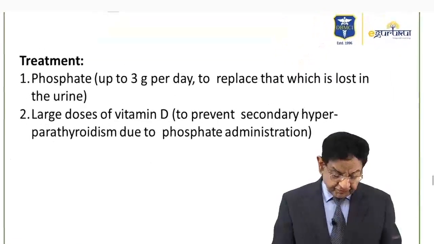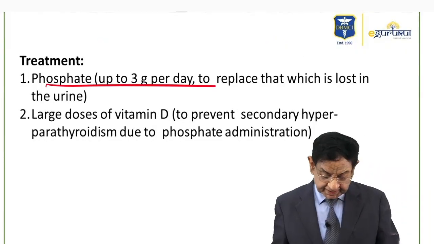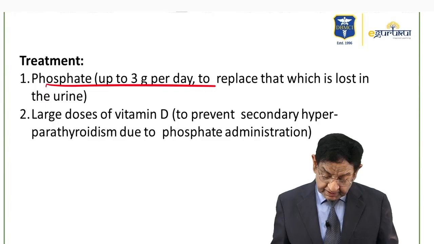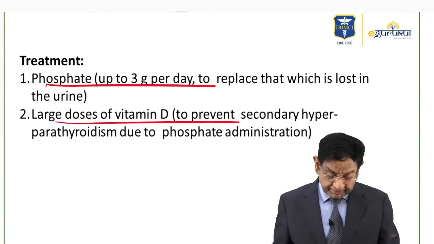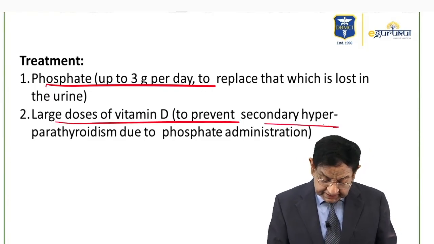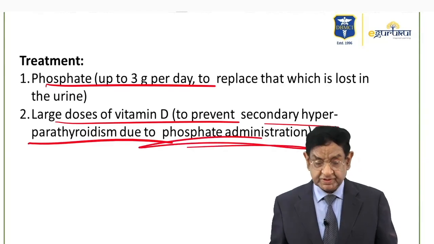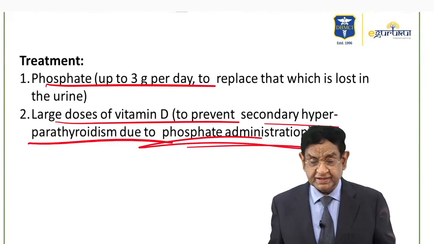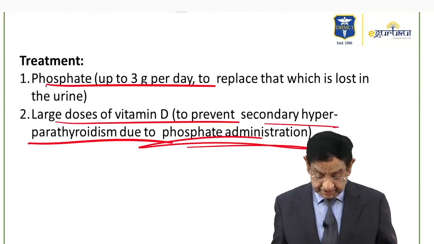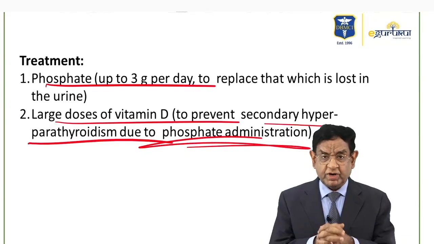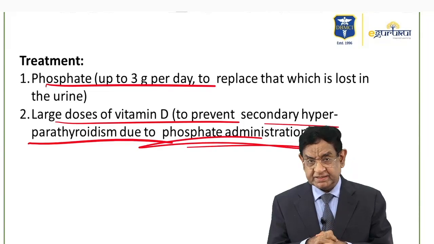Treatment, you have to give phosphate as a replacement therapy, maybe up to 3 gram. Okay, and we have to give a large dose of vitamin D also to prevent secondary hyperparathyroidism. Why? Because once you are giving phosphate, calcium is already there, and we don't want secondary hyperparathyroidism.